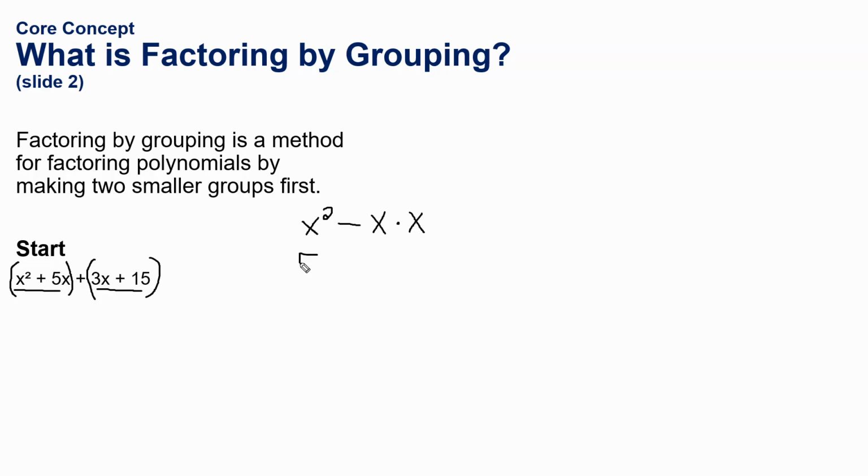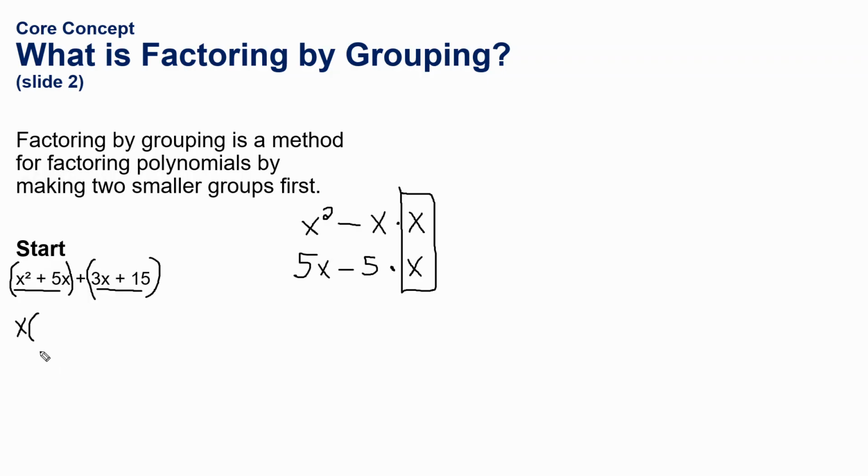And the 5x term is 5 times x. Now the greatest common factor here is just the x term. So for the first parentheses, we're going to factor out our x term. That goes on the outside of our parentheses.